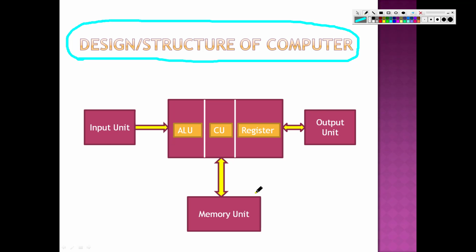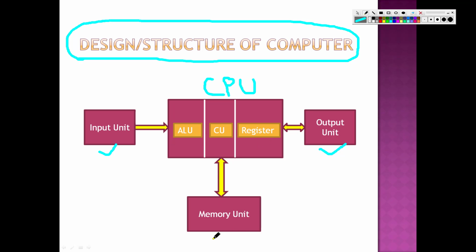Every day in our life we see computers, laptops, but we don't know their structure or design. So in computer structure or design, there are basically 4 components, right? First is input unit, second is output unit, third one is the CPU.